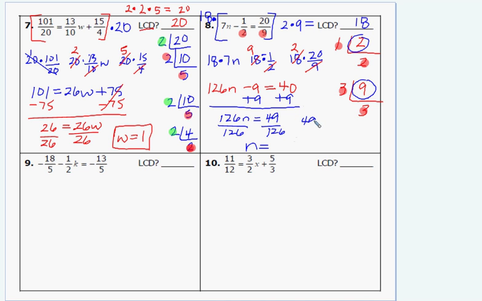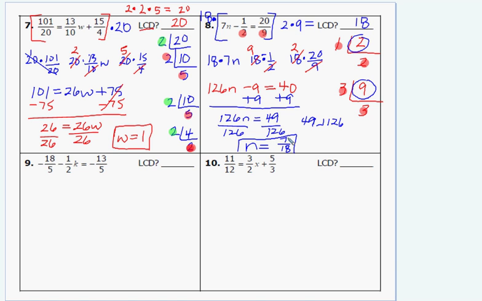So if we do that, I would have 49, and I push my ABC button, the backwards L pops up, put in my 126, and when you hit equals, this one reduces for you and leaves you with 7 over 18. And then we're done.